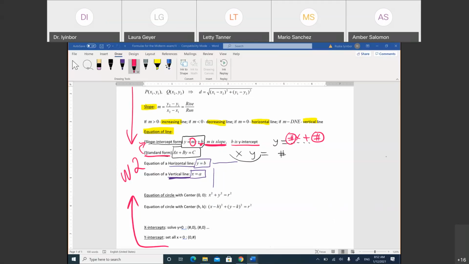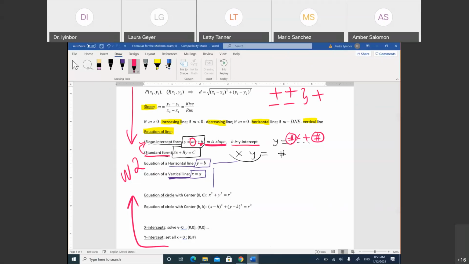Okay, so always remember, if you have the same sign, it's positive. If you have different signs, it's negative. That's how I remember it: if they're the same, positive and positive or negative and negative, they're the same, and you have a positive answer.